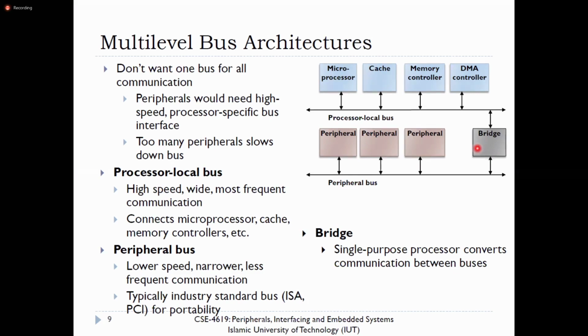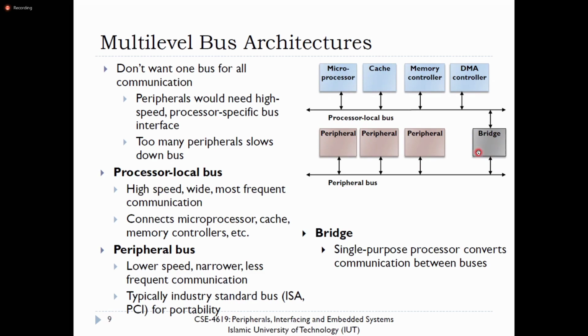In this multi-level bus architecture, the most important integrated circuits are connected through one bus, the processor local bus, and the peripherals are connected through the peripheral bus. In between them there is a bridging circuit, which makes the interrupt request on behalf of these peripherals, working as the priority arbitrator or priority resolver circuit.